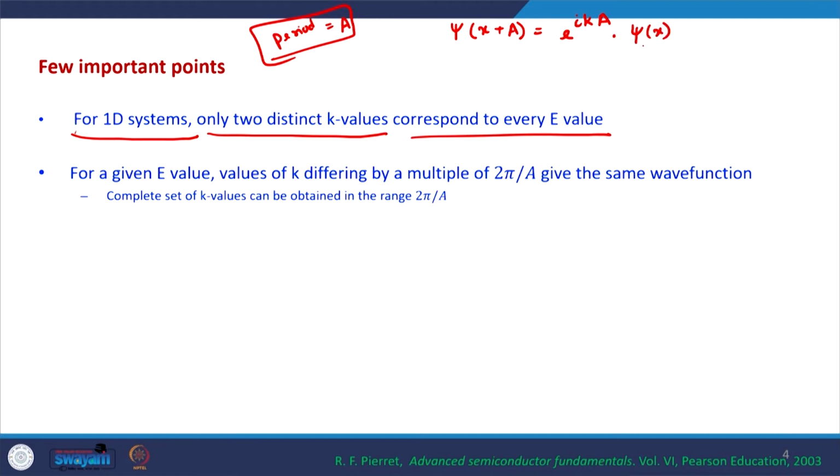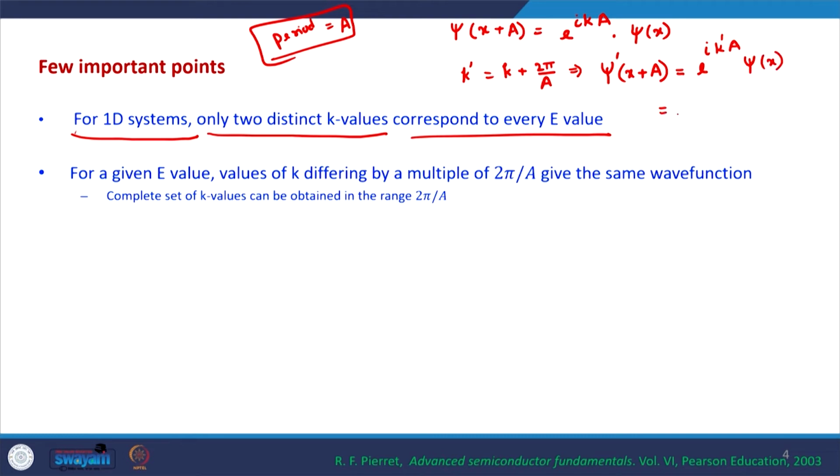So, this is the standard statement of Bloch's theorem, and so instead of k, if we take k prime to be k plus 2 pi by A, and we put this value of k prime in this equation, and let us say the wave function now is psi prime, then psi prime of x plus A is exponential i k prime A times psi x.